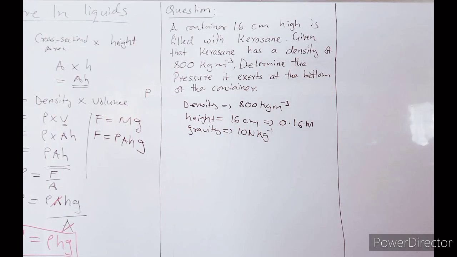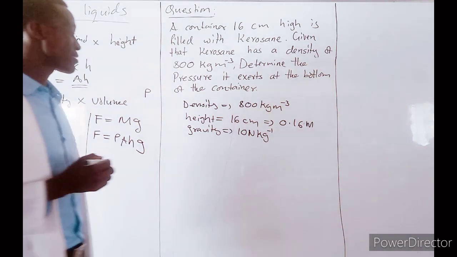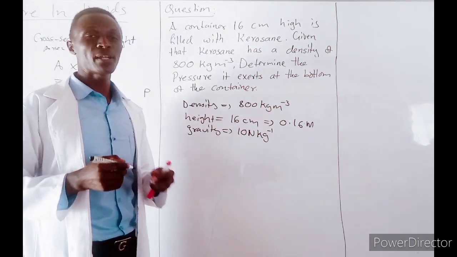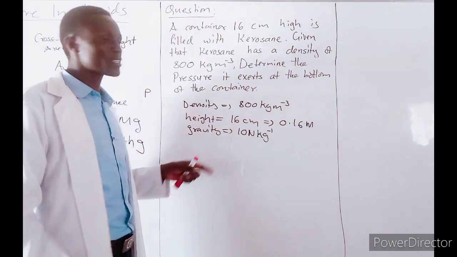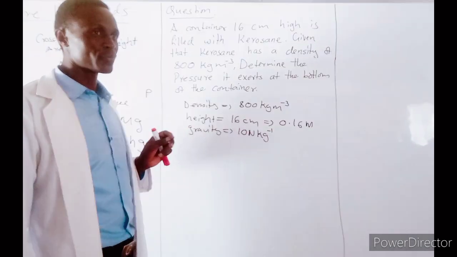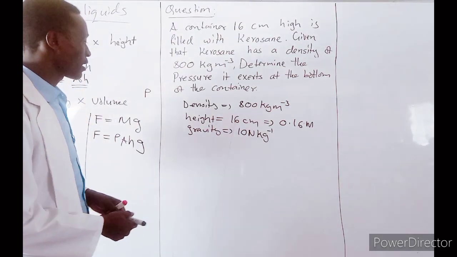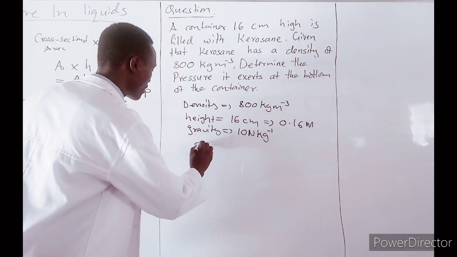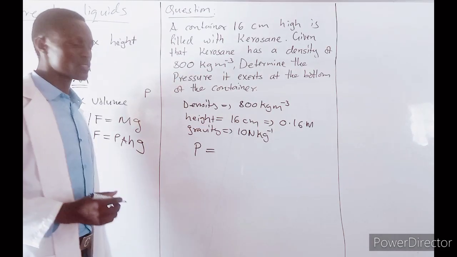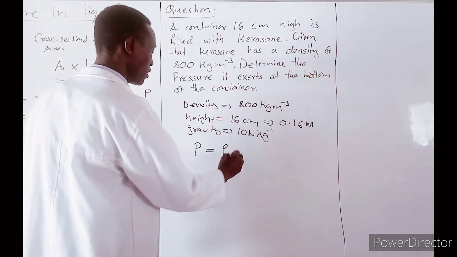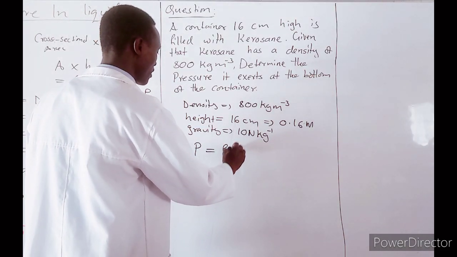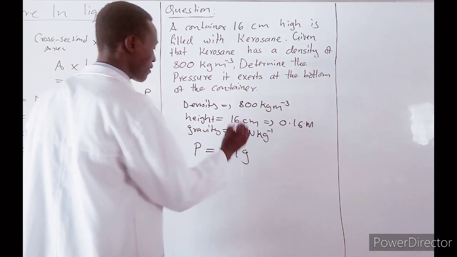With these three aspects, we'll be able to get the pressure applied by kerosene at the bottom of the container, having a column of kerosene up to 16 centimeters. Pressure in liquids is given by density rho times height times gravity.